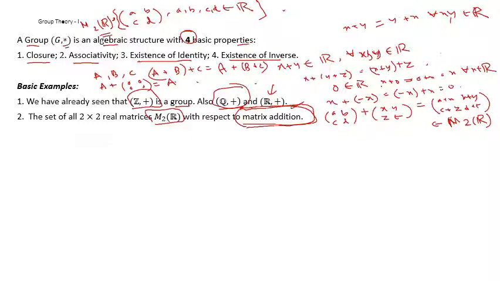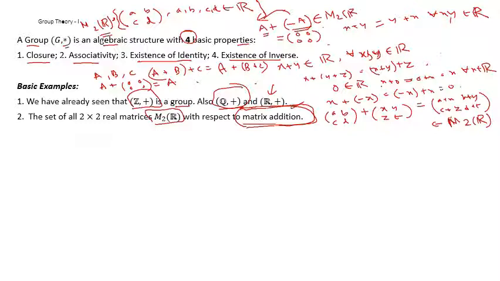And finally, given any matrix A, we can always have a matrix minus A such that A plus minus A is actually this null matrix. So given any matrix A, we can always find this matrix, which is the inverse of A. So every element of M2R has an inverse, and this minus A, it also belongs to M2R.